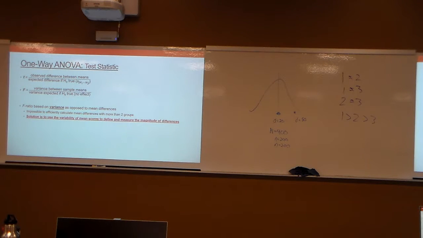Okay, now when we just have two means, right? We've got two groups that we want to compare. What we can do is run our t-test, right? And conceptually, our t-test is just taking in the numerator the observed difference between means, and in the denominator, the expected difference, assuming that the null hypothesis is true.